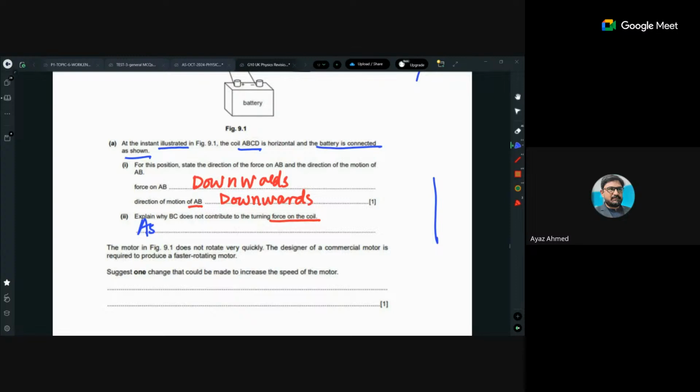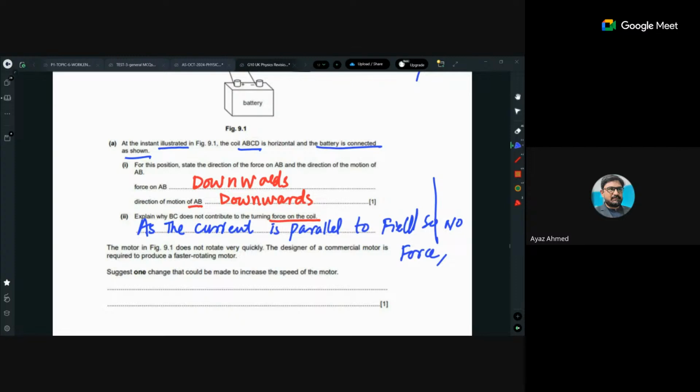Will you be able to make the current and magnetic field parallel? And if they are parallel, are you able to apply Fleming's left hand rule? It cannot be parallel, because for Fleming's left hand rule, it has to be perpendicular. Yes. So no force at all.